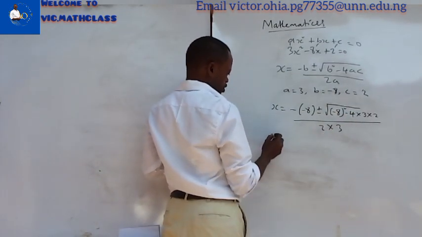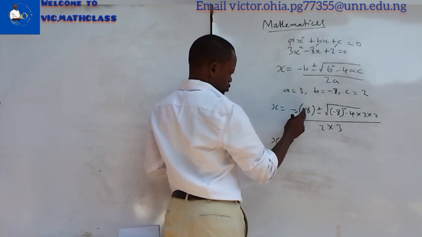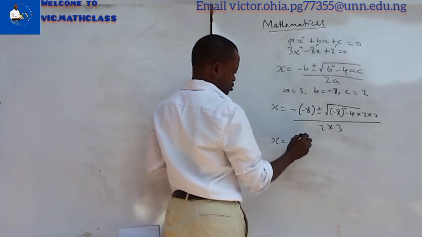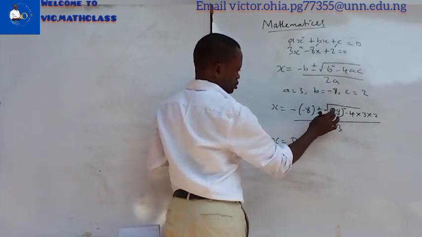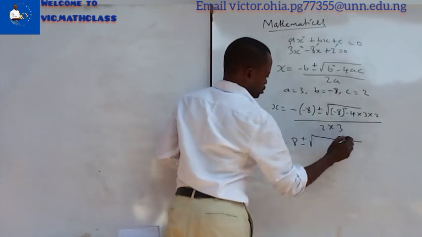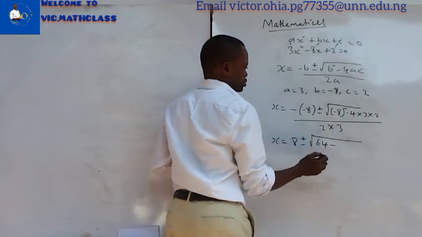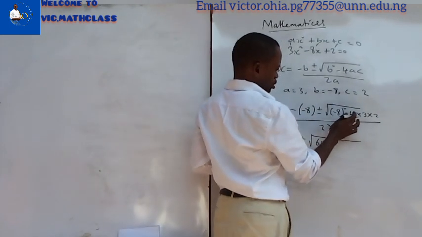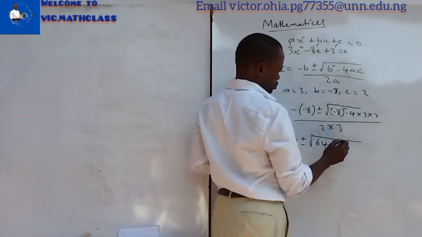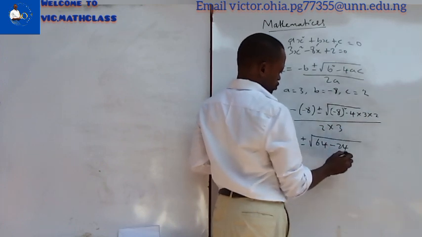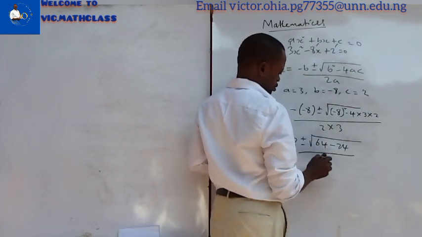We bring out the values to have x equals 8 plus or minus the square root of 64 minus 12 times 2, which gives us 24, all over 6.